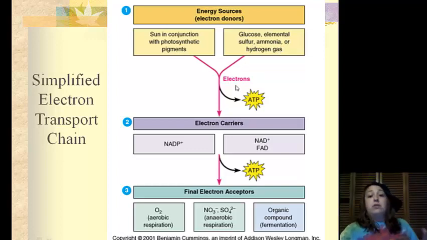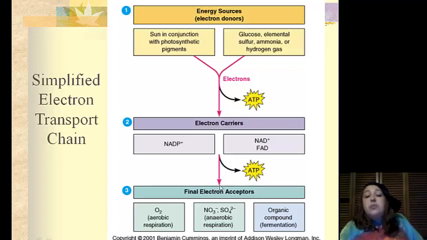Then, well, what happens? We get ATP as we donate the electrons to our electron carriers. And what happens here is we go through with NADP plus or NAD plus or FAD, and we send the electron to them, which helps create more ATP.